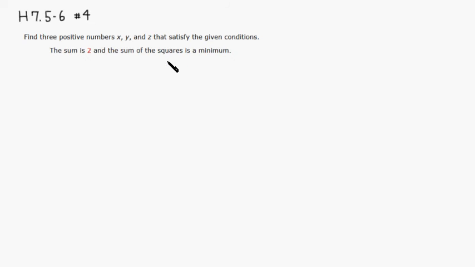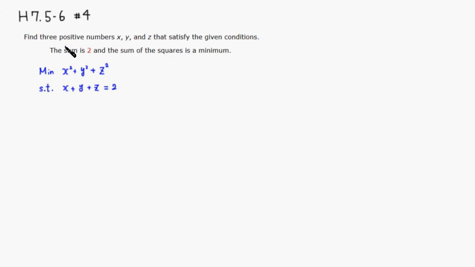We know that we want to minimize, so it's going to be a minimization problem. So minimize the sum of squares, x squared plus y squared plus z squared, subject to a constraint: the sum of these three, x plus y plus z, is exactly equal to 2.